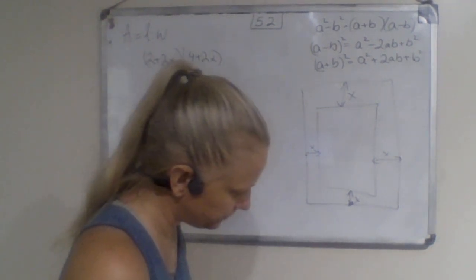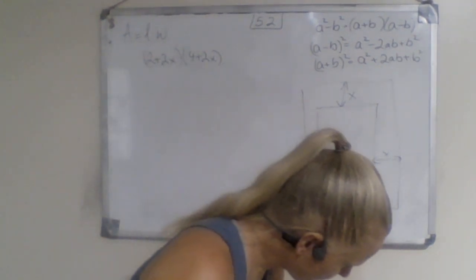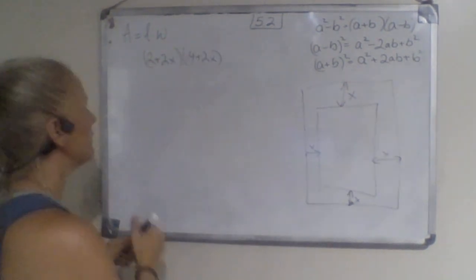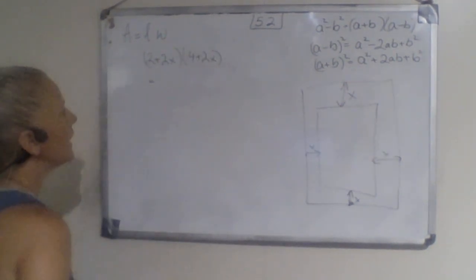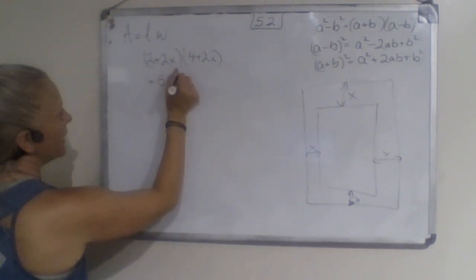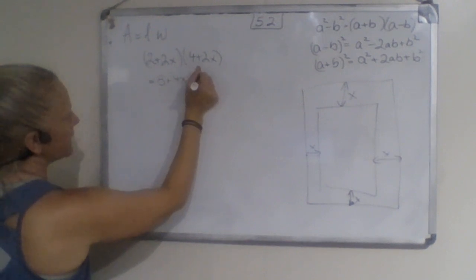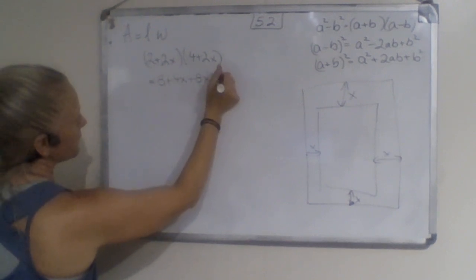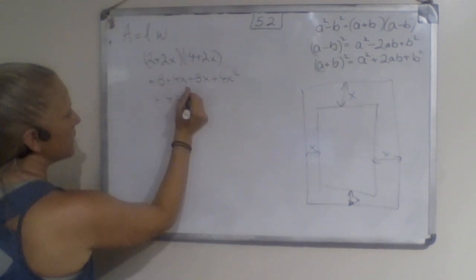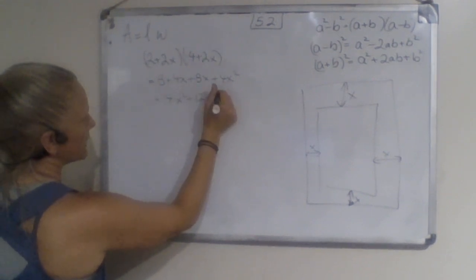So I need to know, first of all, what is the big area, right? This is my big area. If I open all of my parentheses, I end up with 8. This is a FOIL: plus 4x plus 8x plus 4x squared, or 4x squared plus 12x plus 8.